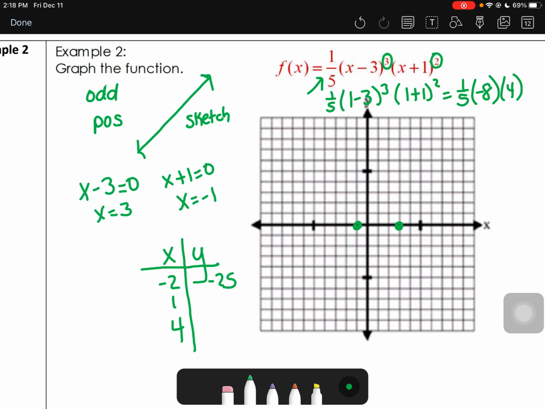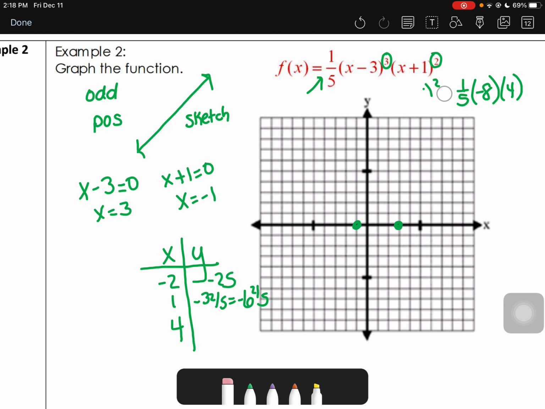So we have negative 32 divided by 5. So negative 32 divided by 5 would be negative 6 2/5, or negative 6.4.